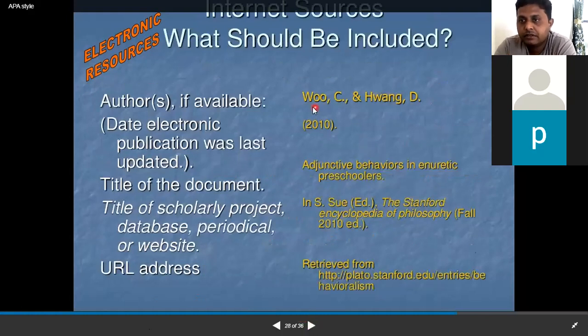For electronic sources, see the author, the date of publication, the date the electronic publication was last updated. Then the title of the document, then the project over here. No italics is used. The URL is over here. So URL or DOI, you can have the choice.